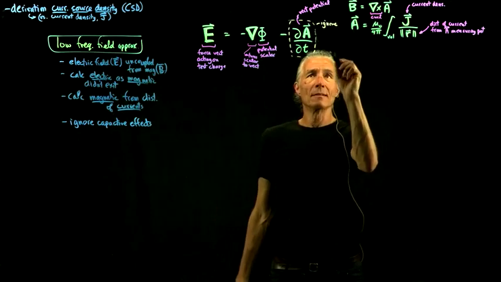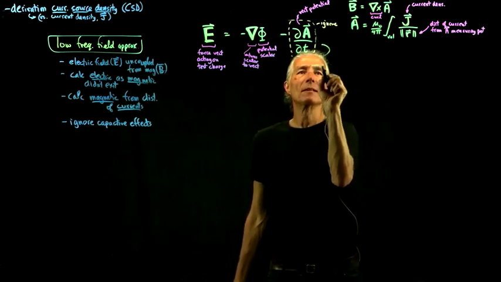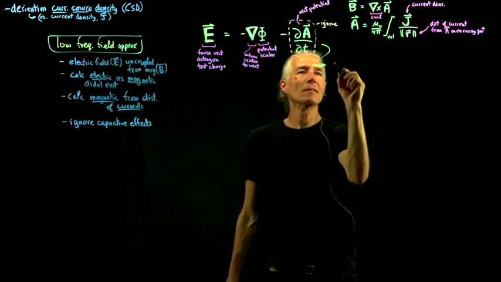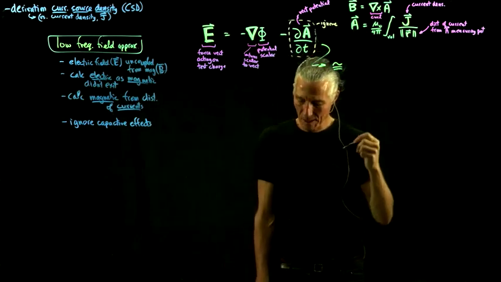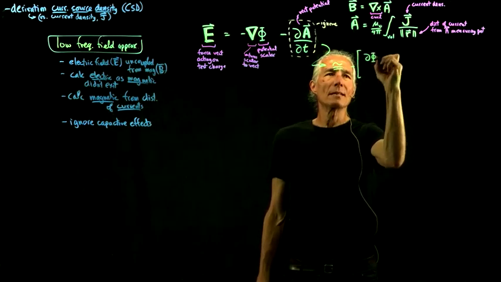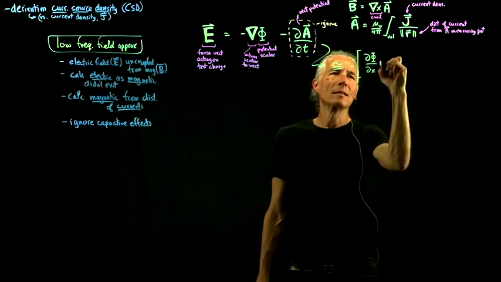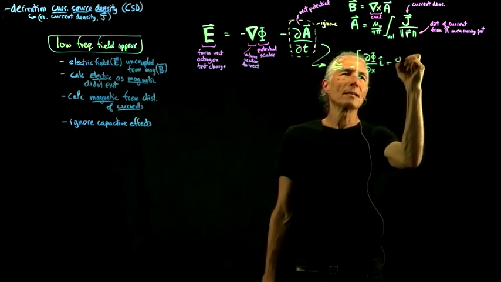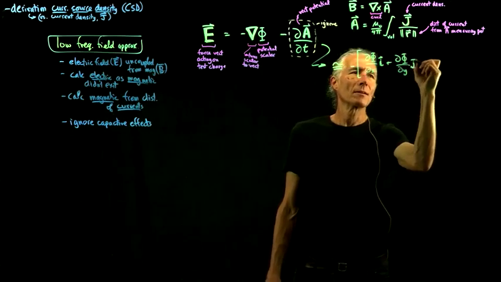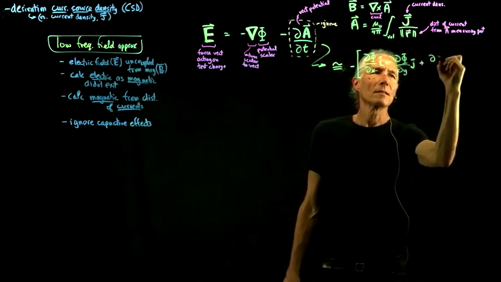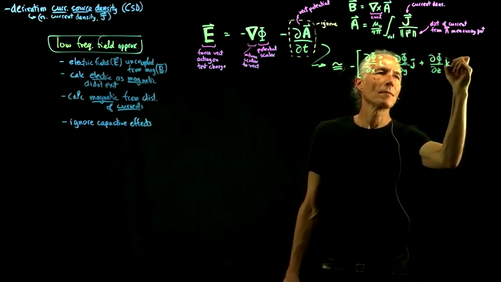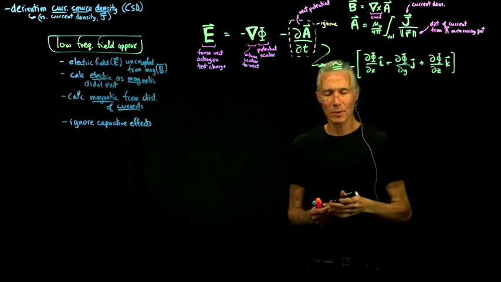So this is approximately equal to the negative of the change in the potential when you go in the x direction times the x unit vector, plus the change in the potential when you go in the y direction times the y unit vector, plus the change in the potential when you go in the z direction times the z unit vector. So just the steepest uphill direction in the potential.